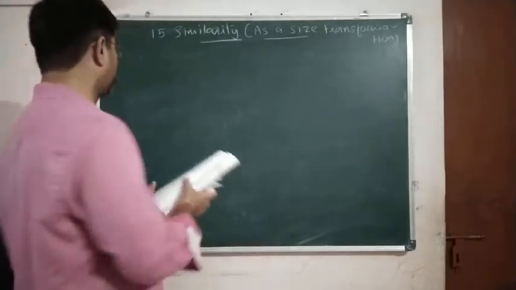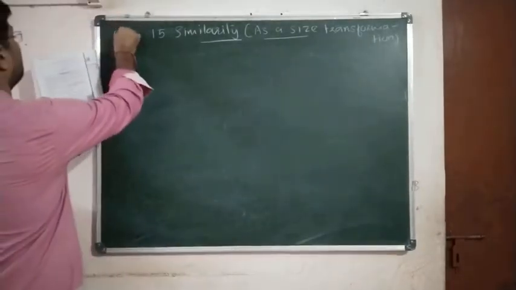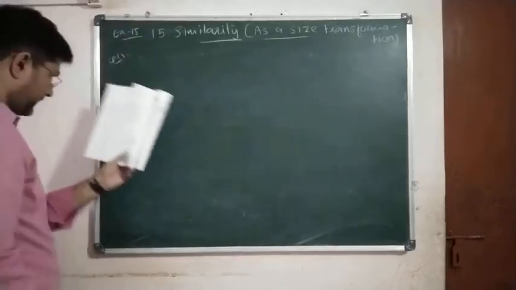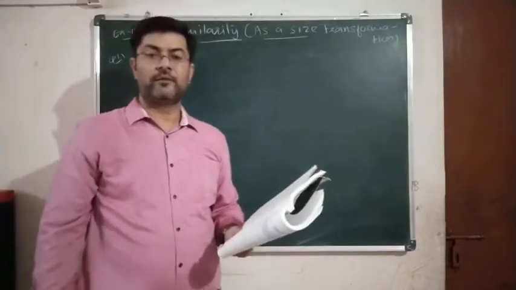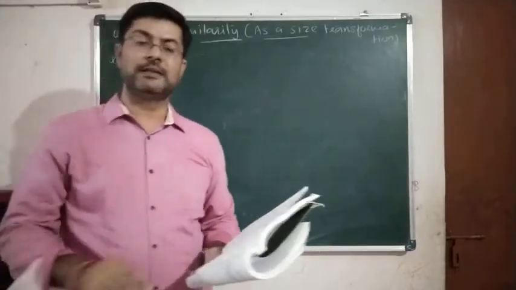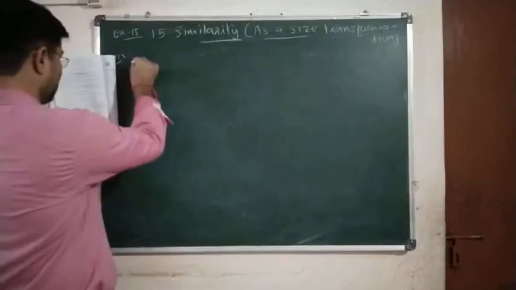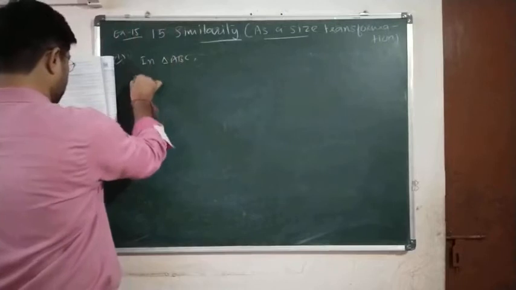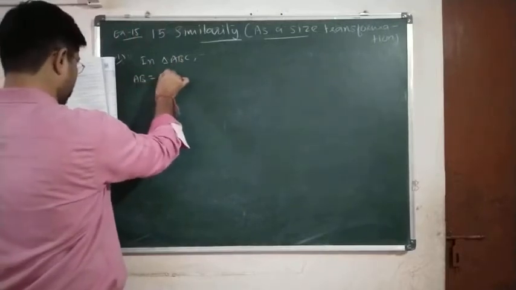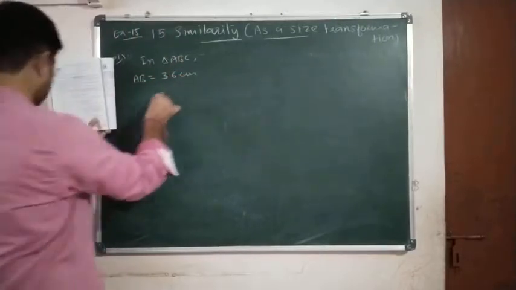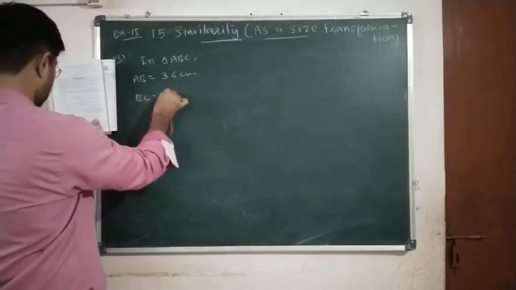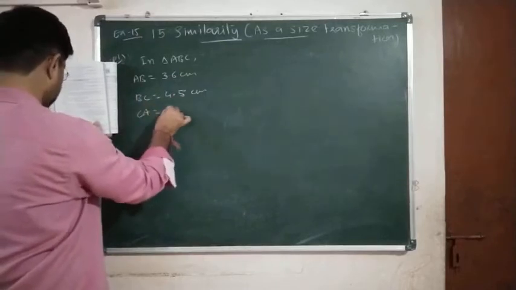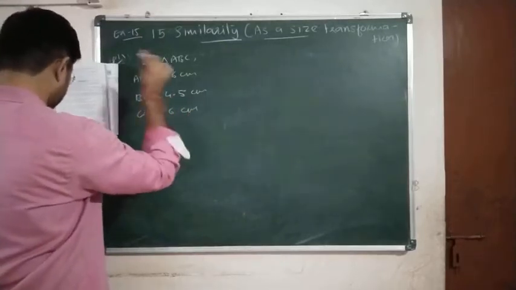Okay, exercise 15 now we will start. In exercise 15 question number 1. For a triangle ABC you are given the lengths of three sides AB, BC and CA. In triangle ABC, AB is 3.6 centimeter, BC is 4.5 centimeter and CA is 6 centimeter.